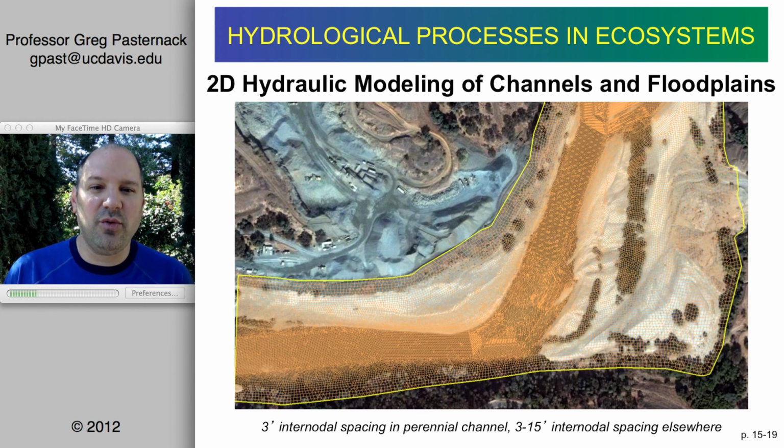It's not a square grid. It's made up of a combination of triangles and four-sided polygons. And this computational mesh is used to take the equations of motion and solve them to numerically determine the depth and velocity at each of the points where these lines meet.